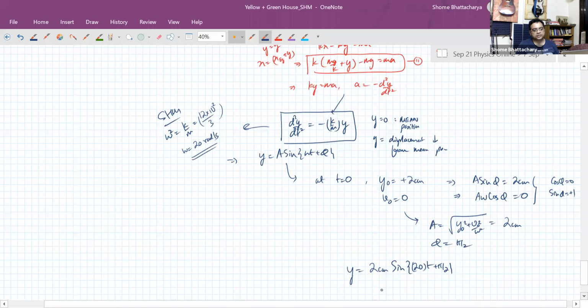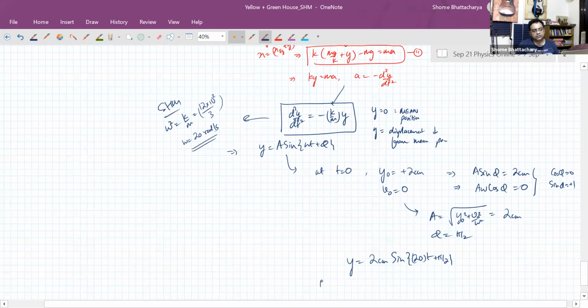So the extension of the spring is equal to equilibrium extension plus y.